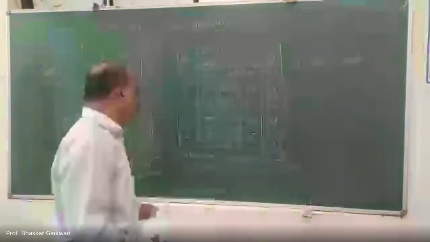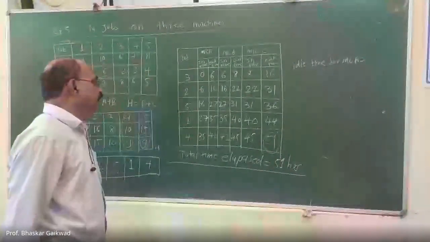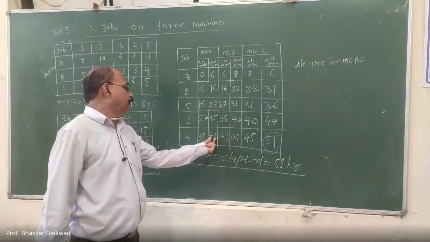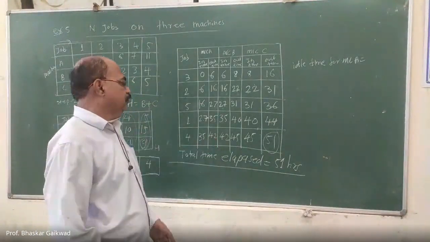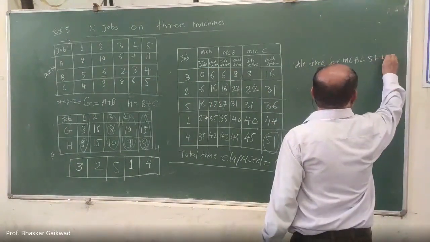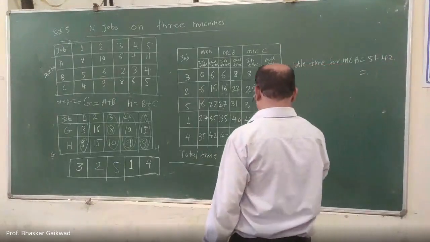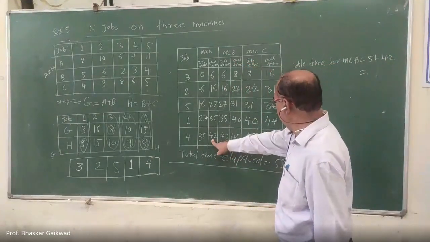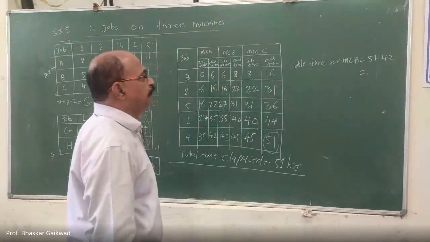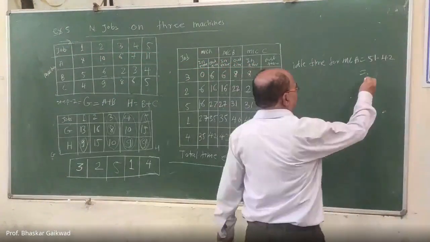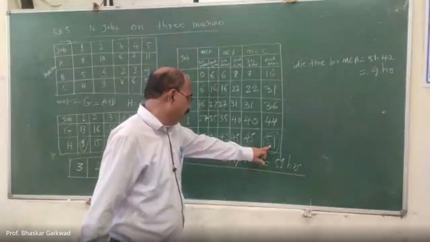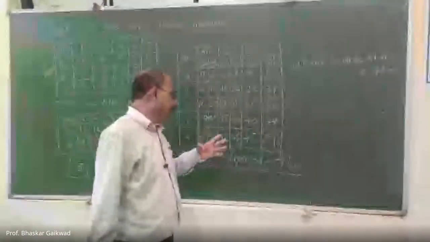So this is the total time and this is the total finish time for jobs on machine A. So here 51 minus 42. This is 51 for A machine, 42 is there. How much here? 9 hours. This is 9 hours because 51 minus 42 is 9 hours.